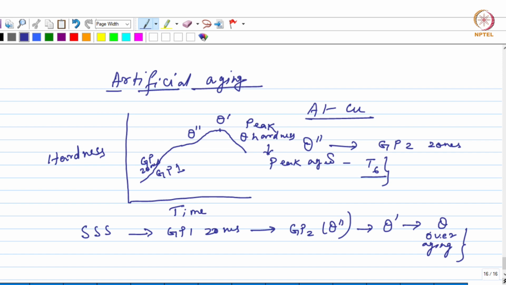Now we need to understand as to why this theta double prime or theta prime gives rise to an increase in the hardness. Okay. So as I said before, these GP zones are basically the cluster of the solid atoms, and since these atoms are different from the parent atom, there is a lattice mismatch. And this will result in some lattice strain.